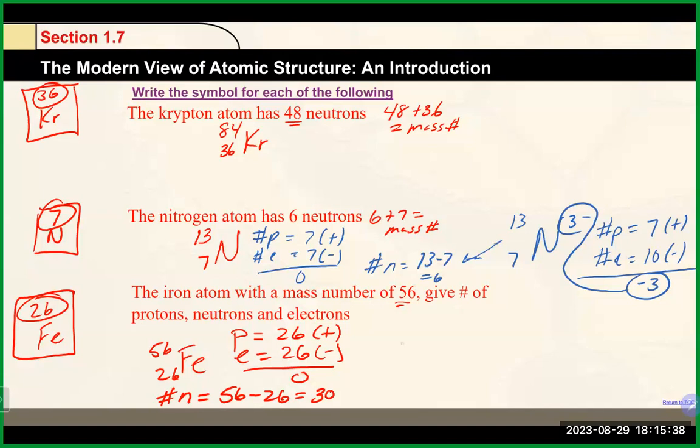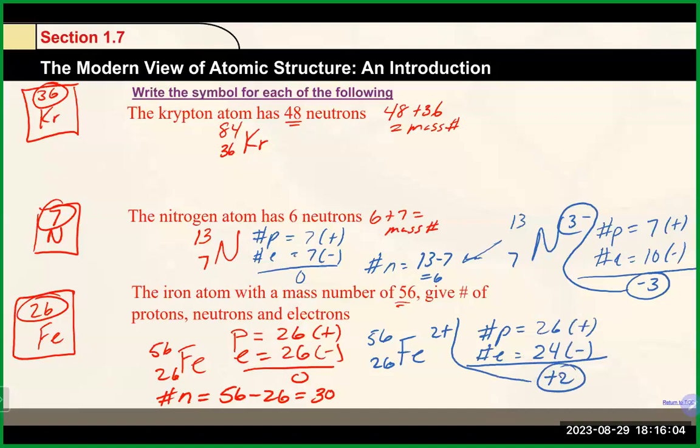If we look at iron, for example, and we had a +2 charge, our number of protons here will again still be 26 because it is iron. Our number of electrons here would be 24. 26 positives, 24 negatives leaves us a +2 left over, right? And again, that is where the charge comes from. And again, our number of neutrons in this case would be the same.